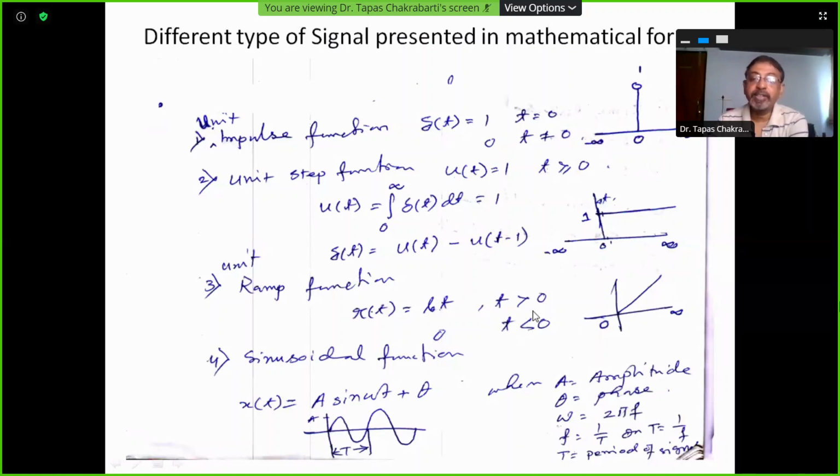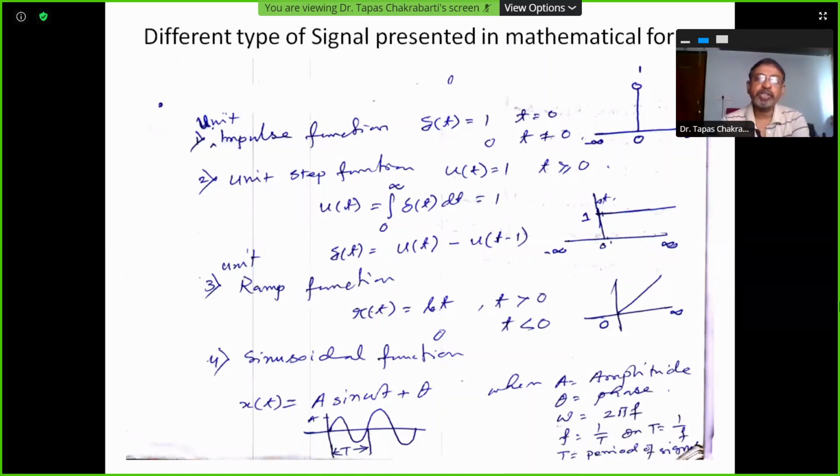If the value of t is 0, then the value should be 0. The difference between the simple ramp function and the unit ramp function is that the slope of the unit ramp is always 1.